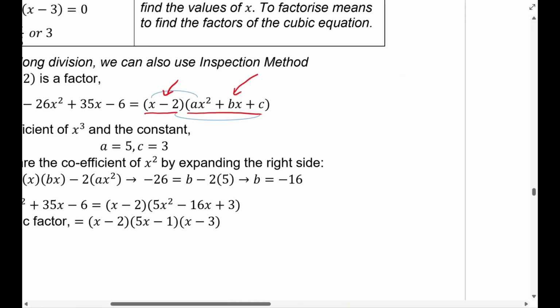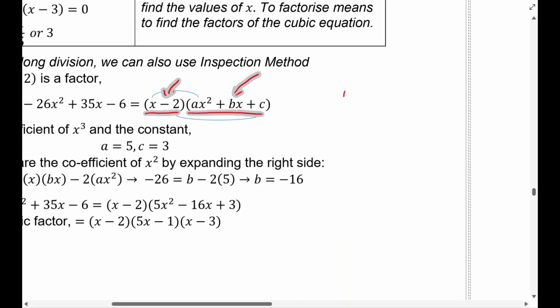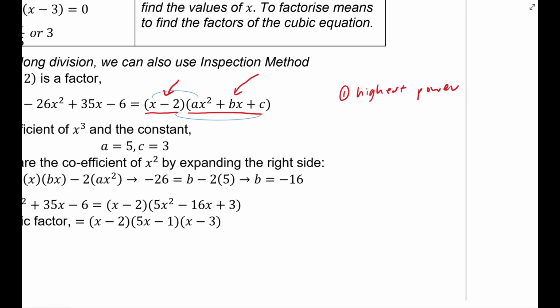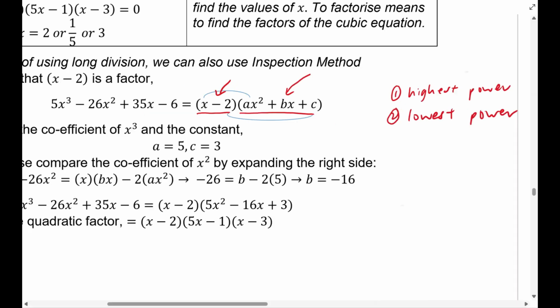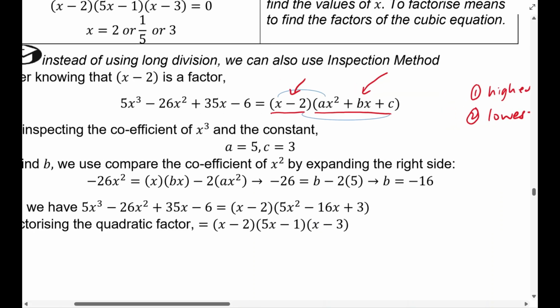Now it is always easiest to compare firstly the term with the highest power of x and the term with the lowest power of x. So we look at the highest power first. Our highest power is x cubed. On the left hand side, your x cubed coefficient is 5.